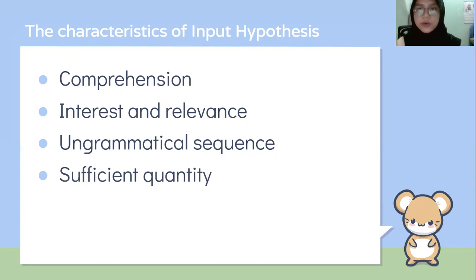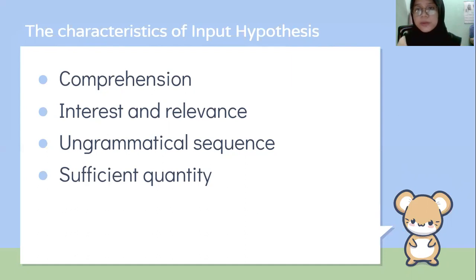And next we have no grammatical sequence. This is very important in input hypothesis. In input hypothesis, Krashen does not suggest teaching grammatical structure or using a translation-based method. Instead of teaching the basics of grammatical structures, we can use real conversation, or real communication, or real examples that are authentic, that refer to real world context.